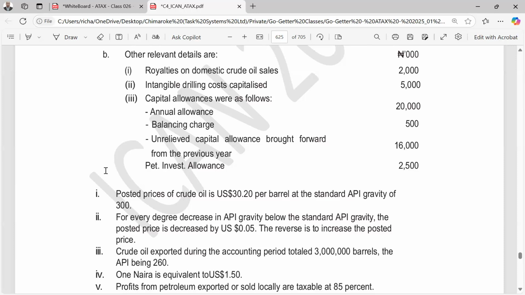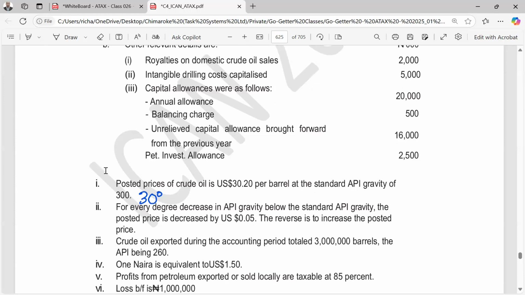What I mean here is 30 degrees, not 300. So I think this is a typo because API is in gravity. What I think they wanted to write is 30 and not 300.